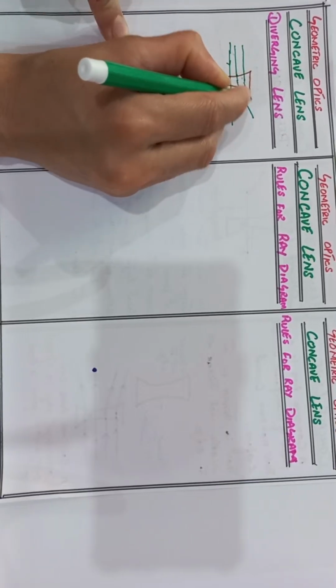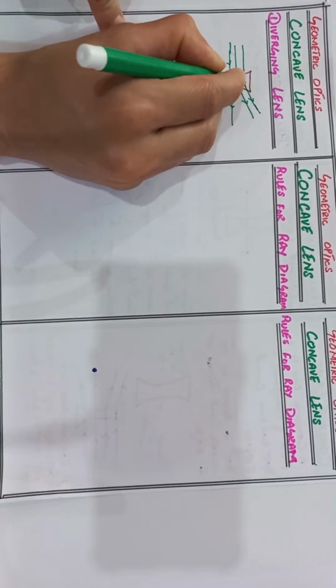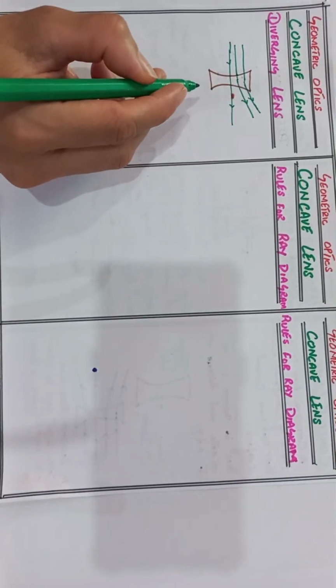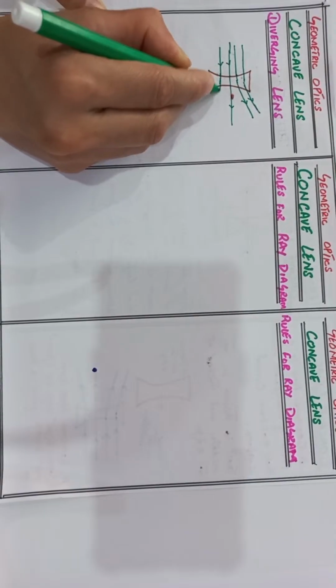They go like that, spreading apart. Here is also the ray that is parallel to the principal axis refracting when passing through the concave lens.